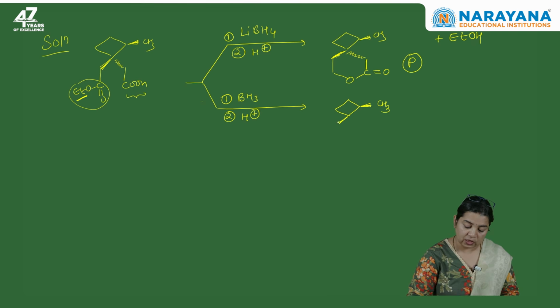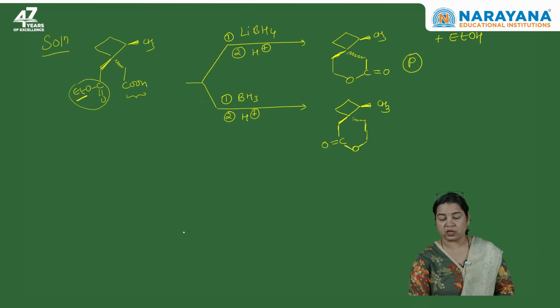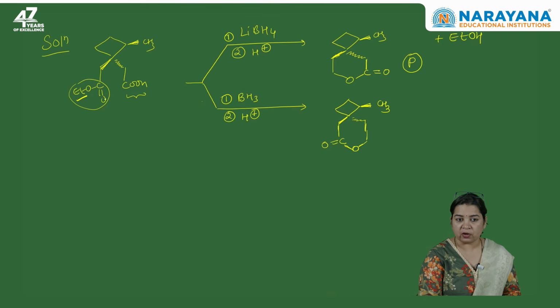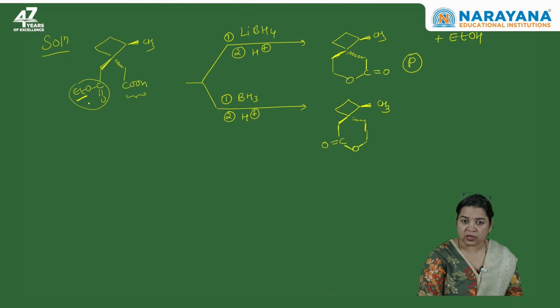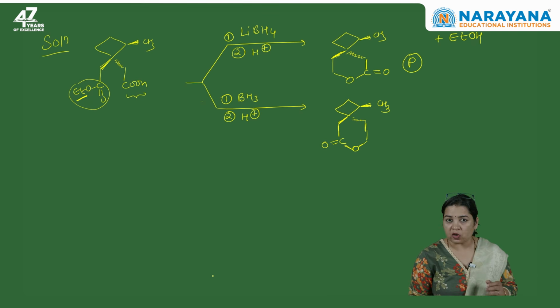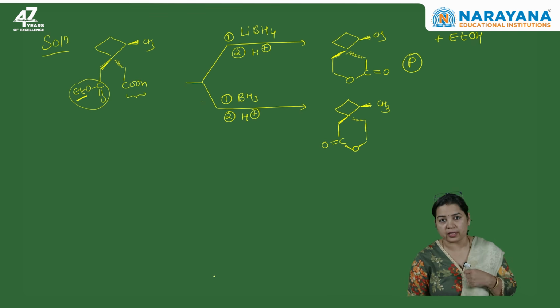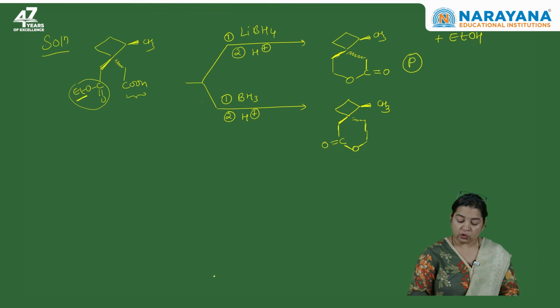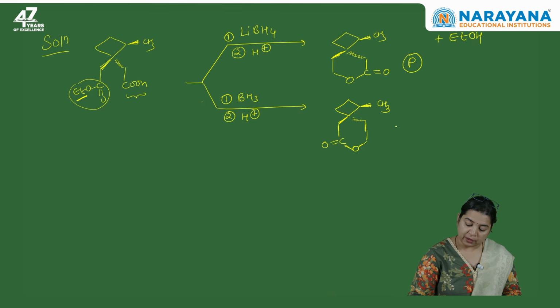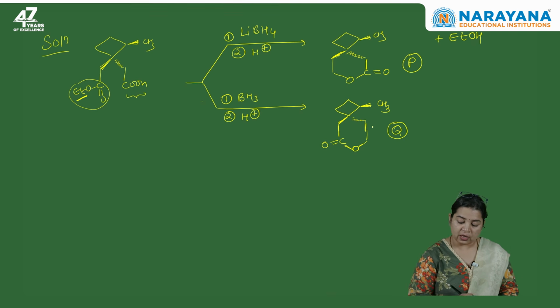So by that logic, this time it remains COOEt, and here this becomes CH2OH. Now when I say O, there is ester formation again, where this side alcohol will react with this side ester, and you must have studied a reaction named transesterification, when one ester is converted to another ester in presence of alcohol. So that reaction is observed here, and the product this time formed is Q.